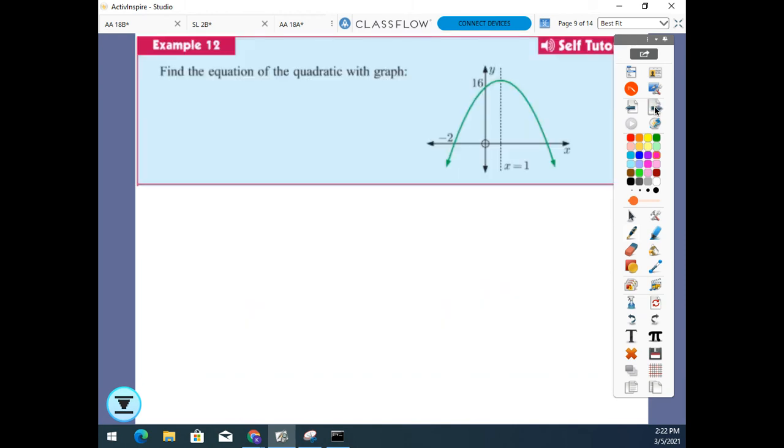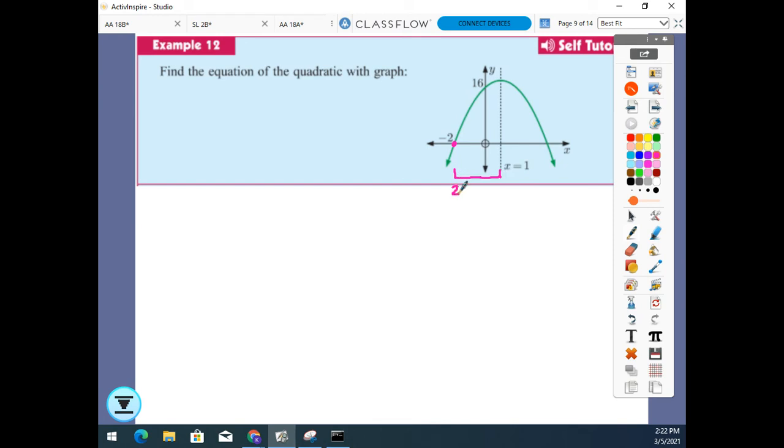Okay, so in this one we have to be a little more creative. They give us one x-intercept, but not the other. What we do know, though, is how far this x-intercept is from the axis of symmetry.